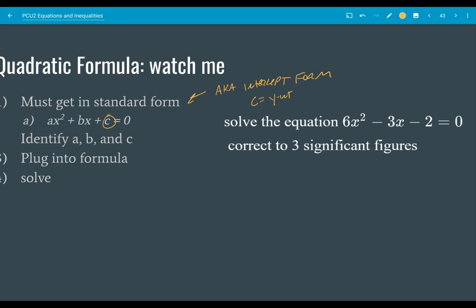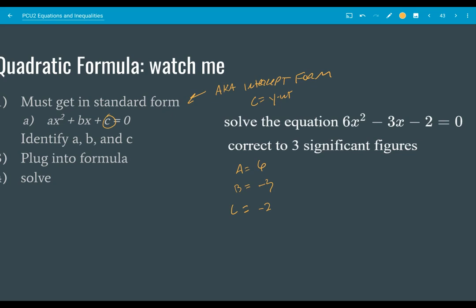So we identify that the equation we have is indeed in standard form. Then we can identify A, B, and C. A is 6, B is -3, C is -2.